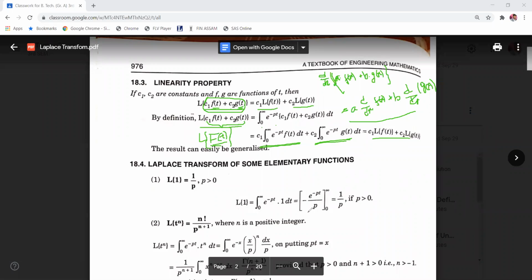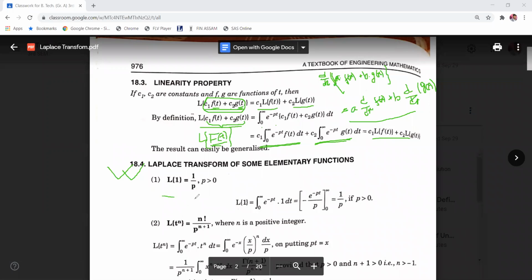So that's the proof. It is very simple. You can understand that. Now we'll find some, and this is very important. You must memorize this also. While solving problems, you need all these formulas. As a formula, you must remember all of these.